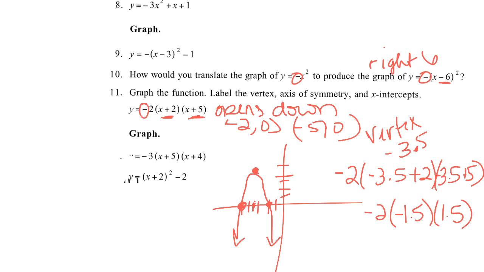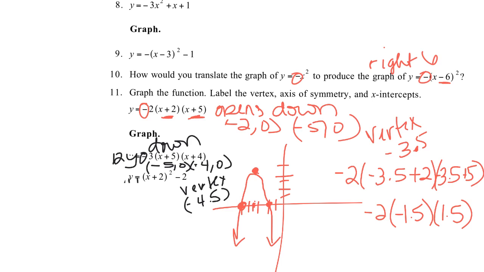Same thing for number 12. y equals -3, opens down. Intercepts at (-5, 0) and (-4, 0). So your vertex is halfway between -5 and -4, so your vertex there is at -4.5. So far, 1, 2, 3, 4, 5, and your vertex isn't going to be much higher.